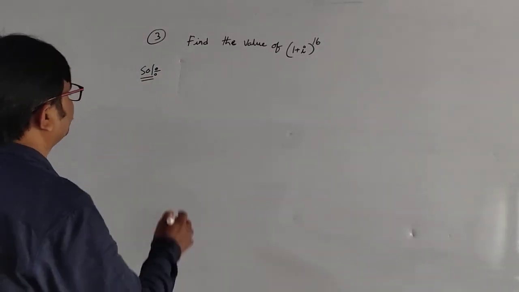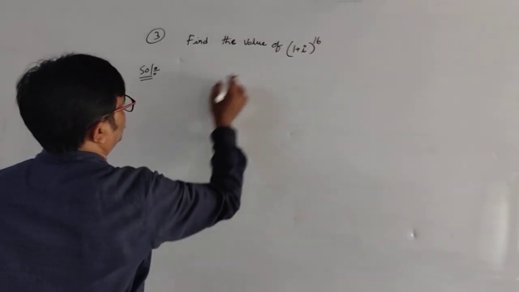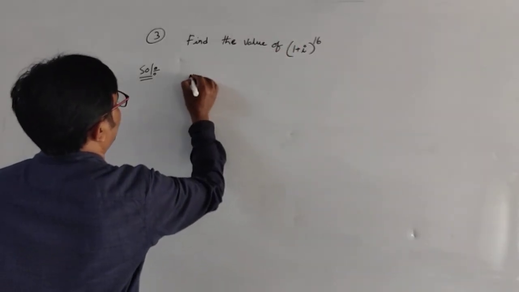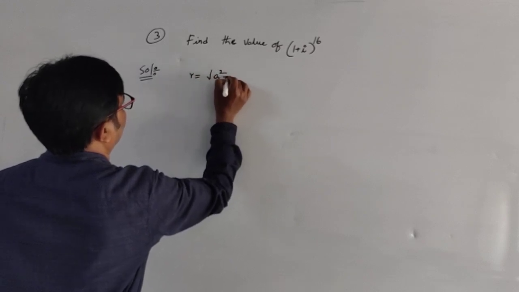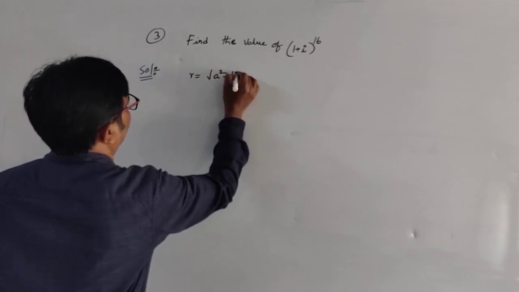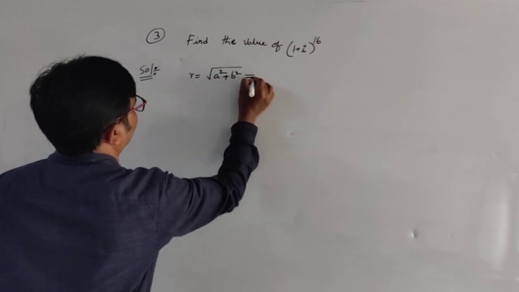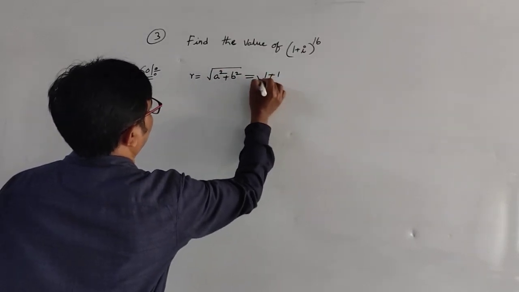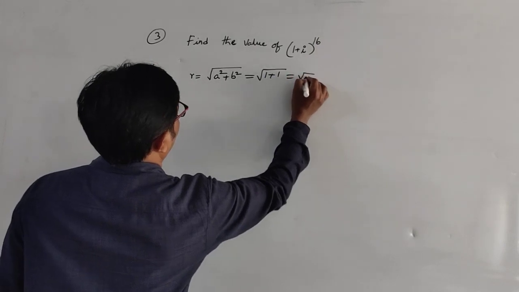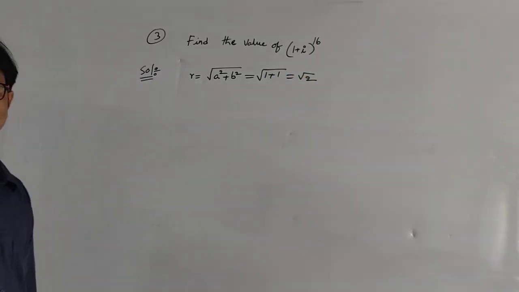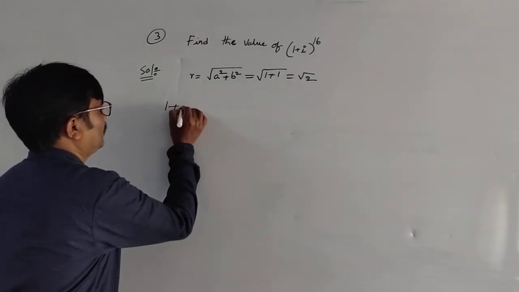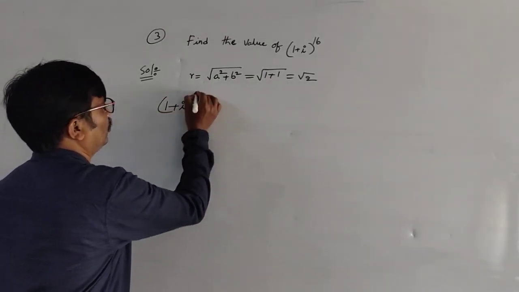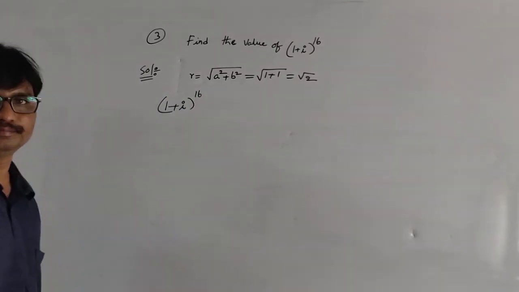So students, the modulus is r equal to root of a square plus b square, that is 1 plus 1, the root of 2. After that students, the 1 plus I whole power 16 is there.